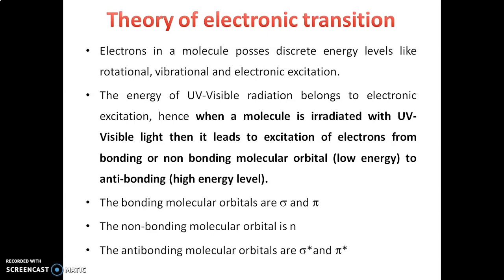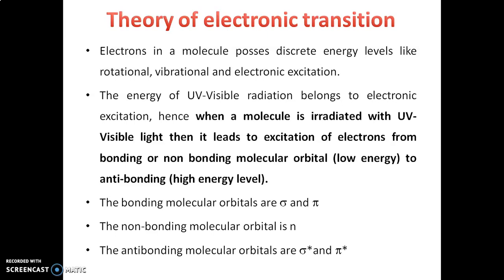That means the electrons from sigma bonding orbital, pi bonding orbital or non-bonding orbital, which are lower energy orbitals, get excited to the higher energy level, and these higher energy levels are denoted by the anti-bonding orbitals. This phenomenon is called the theory of electronic transition.